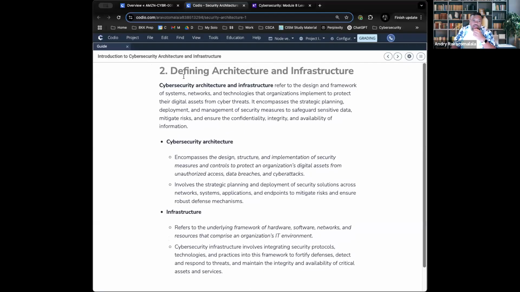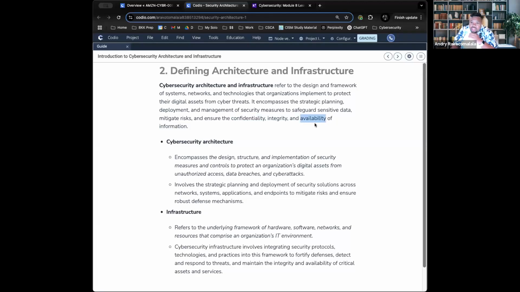When we're talking about cybersecurity architecture and infrastructure, its main goal is to protect the confidentiality, integrity, and availability of information. As a reminder, this means we want to protect the data so that only those people who need to see it can see it. We want to make sure that data does not get changed. And then we also want to make sure that all of our systems and servers are available.